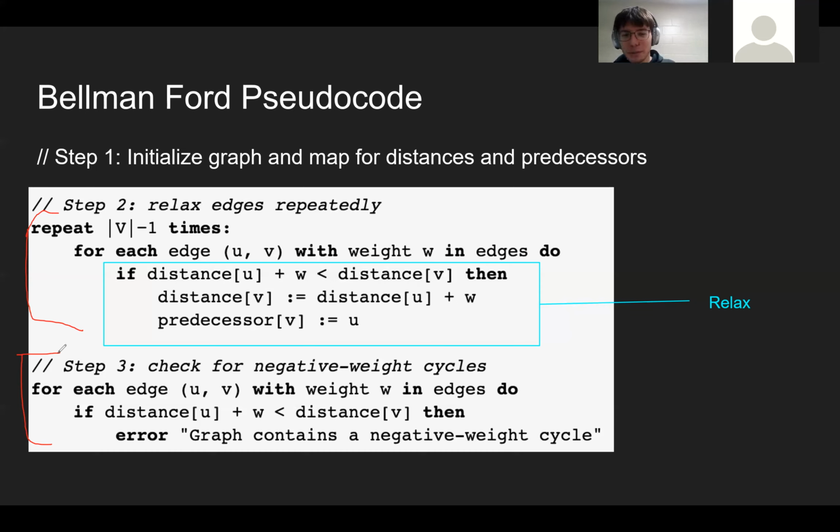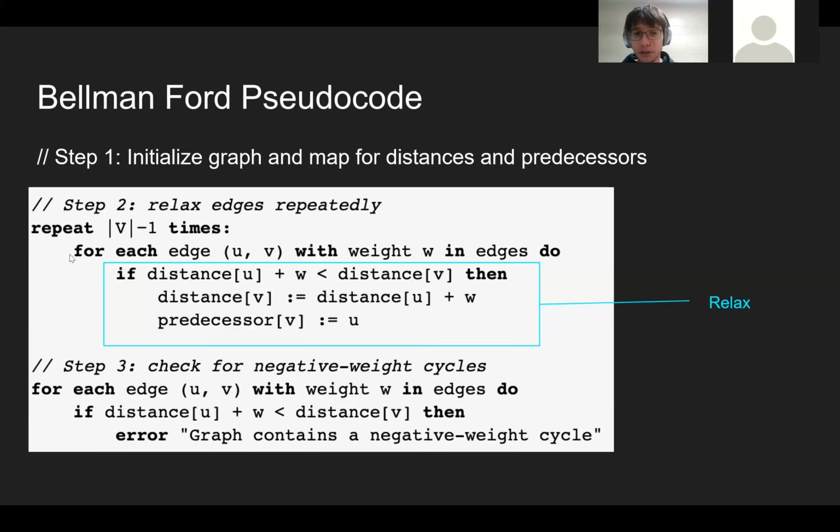And the only way that's possible is if there's some cycle which had a negative weight, because the distance can decrease even though we've already found a path that gets there. That's some intuition for it. Hopefully that makes sense, but that's maybe not so important.